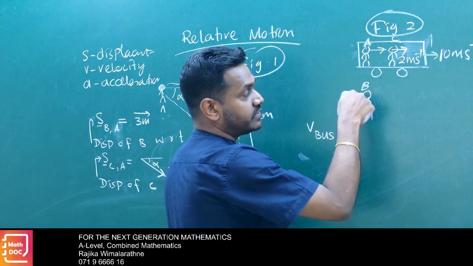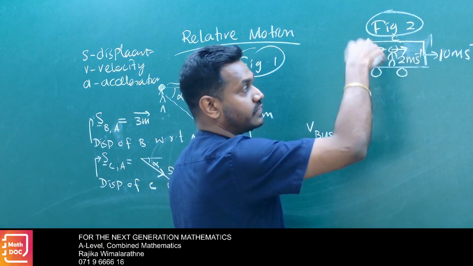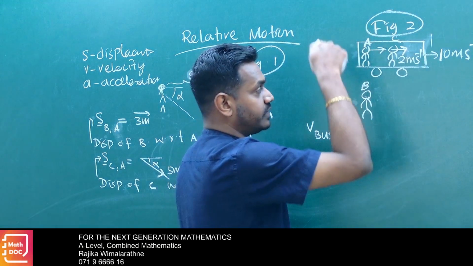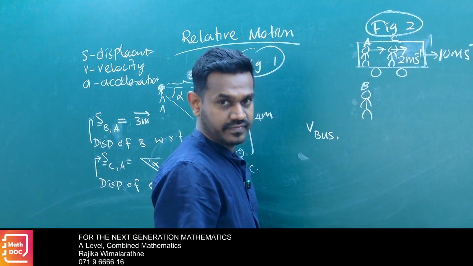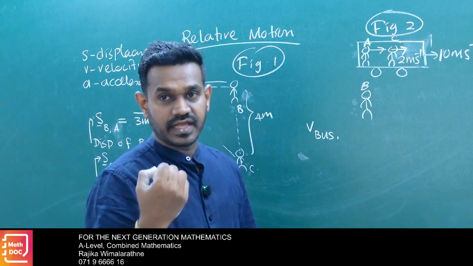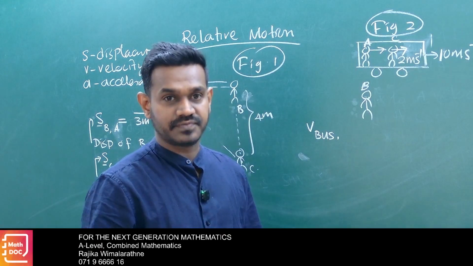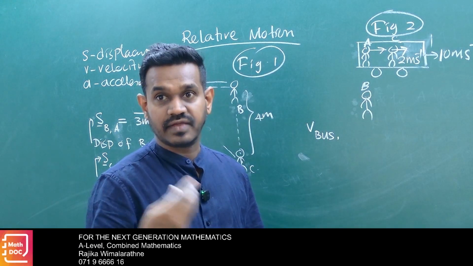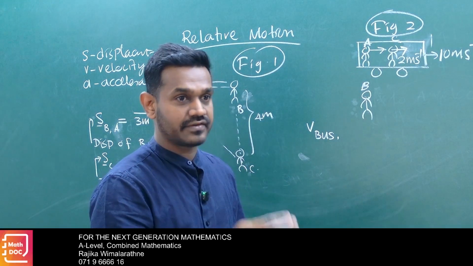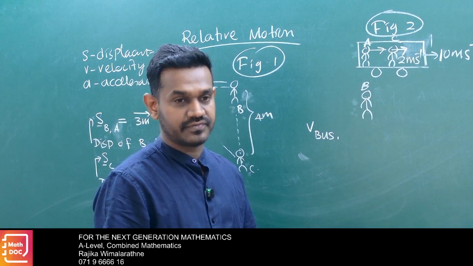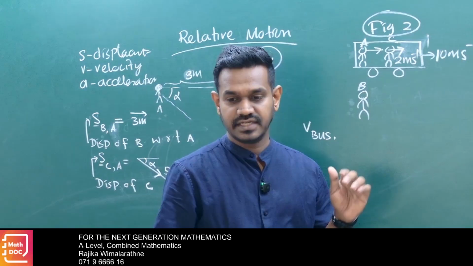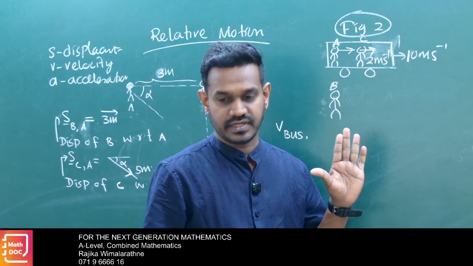B observes 12 meters per second, so with respect to B, velocity of C is 12 meters per second. If the frame is given, then it is with respect to that frame. If the reference is not given, you consider it surely with respect to Earth.